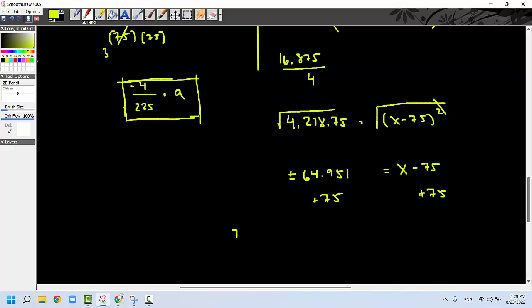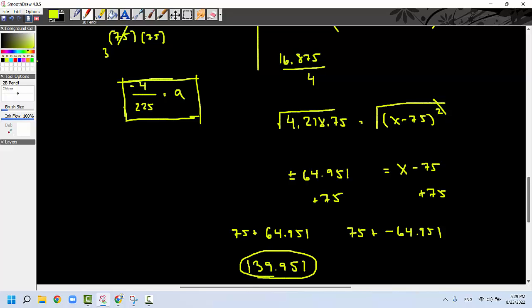What I end up with is 75 plus 64.951 or 75 plus negative 64.951. And I end up with, let's see here, if I add that to 75, I end up with 139.951.